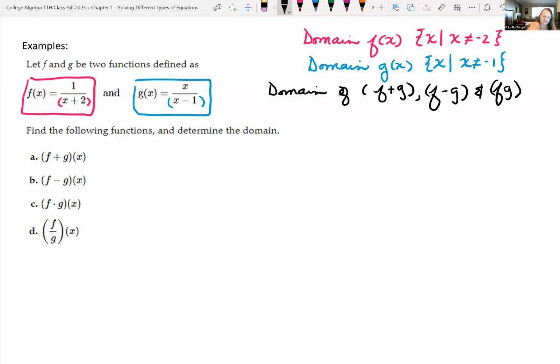We can put that x at the end if we wanted, but this means the same thing. The domain of all three of these is going to be all real numbers x, such that x can't be -2 or -1.